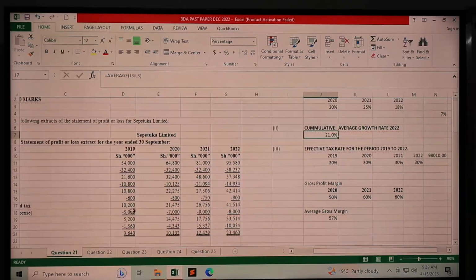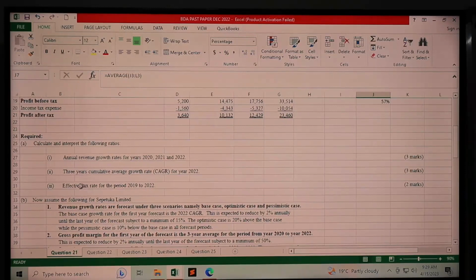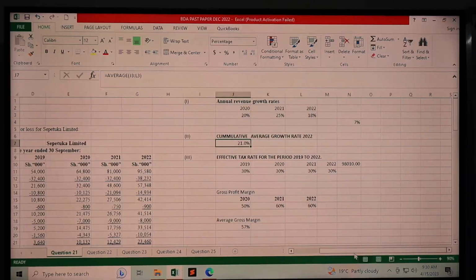So that was the next question. Then the last question you are given under Roman A is the effective tax rate. Again, you're supposed to interpret that the 3-year cumulative for 2020 is on average. That is the interpretation: on average, the growth rate for the 3 years, that is on 2022, was attributed to this year 2020.